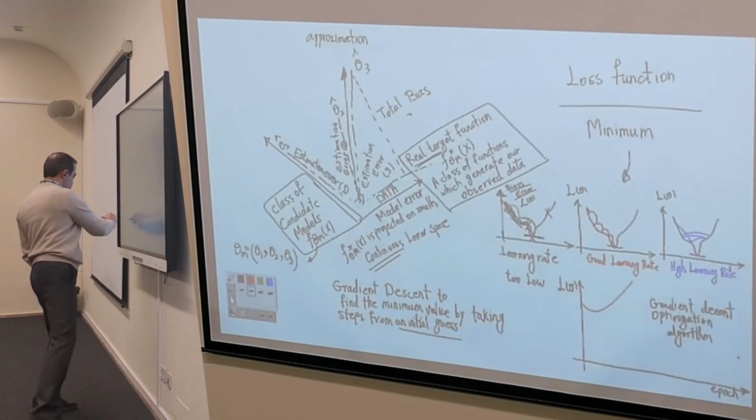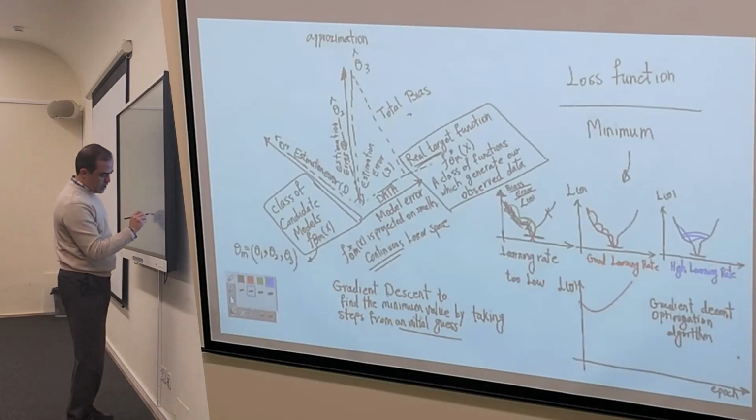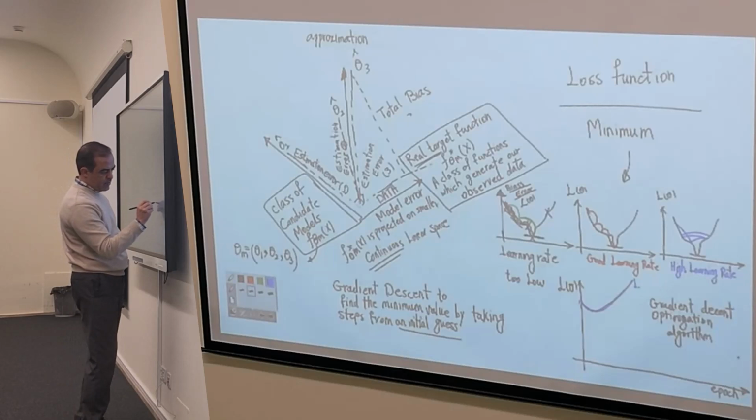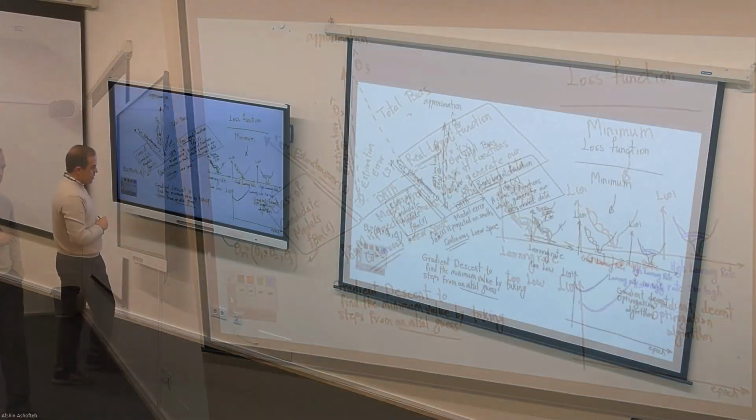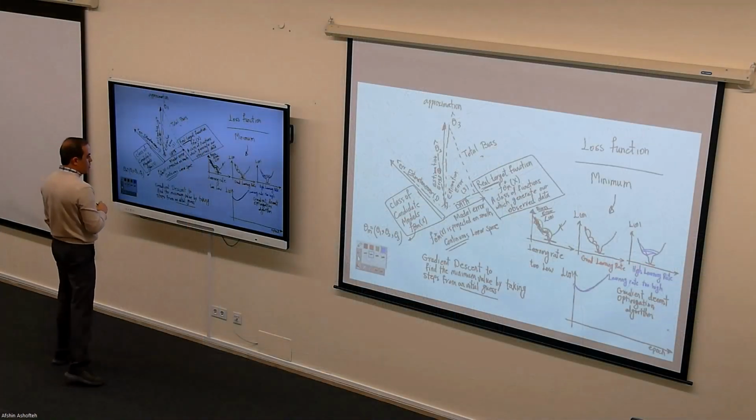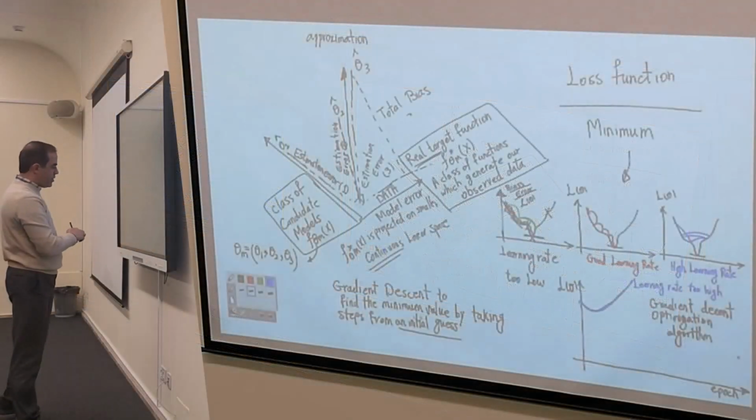Let me change the color to the same color that we had in the graphs. Okay, so this one is the learning rate too high. We can have the good learning rate.